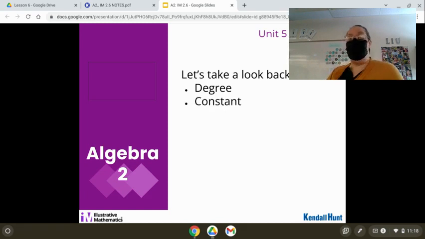What about a constant? What is a constant? What does it tell us? Where do we find it? What do you remember about a constant? Where do we find it, either in our equations or in our graphs? What does it look like?